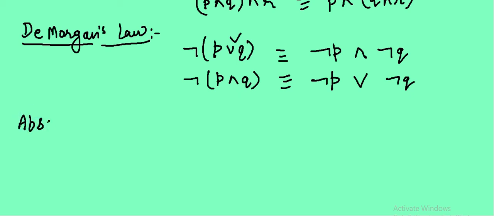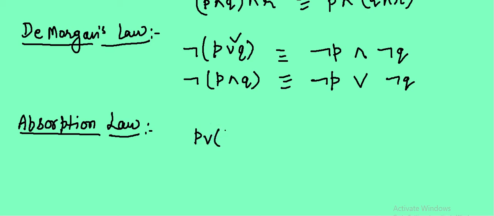Absorption law, which is again very important, and you must remember these laws, because they are very much important from the exam point of view, right? So if I have this kind of statement, P or P and Q, it will be equivalent to P.